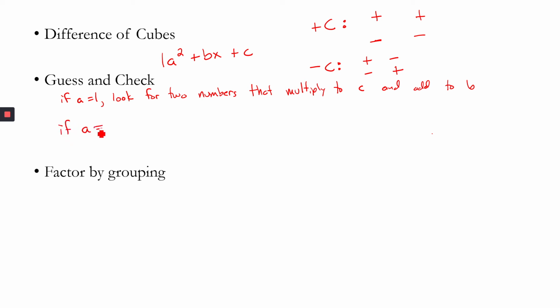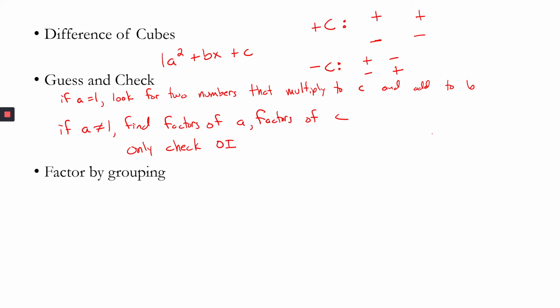Now, if a does not equal 1, these are a little bit more challenging. What we want to do is find factors of a and factors of c. Then you only have to check the O and the I, the outside product and the inside product of your FOIL part.